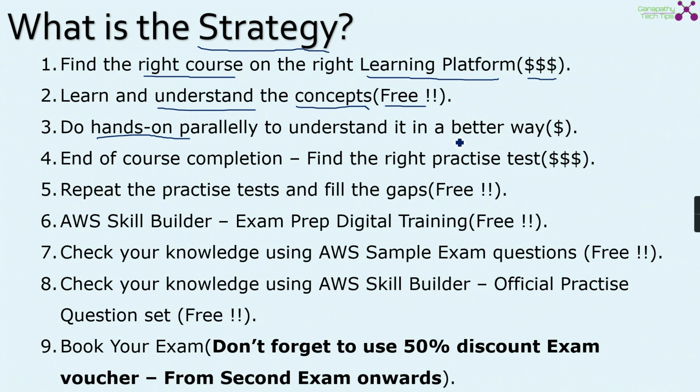It is not that all the services are free for you for 1 year, so you might incur some cost as well. Predominant services are covered as part of the free tier account, so you need to be very conscious while using the AWS services. But this is very, very important. You must do hands-on while reading the course. That will provide you a more grounded understanding of the concepts.